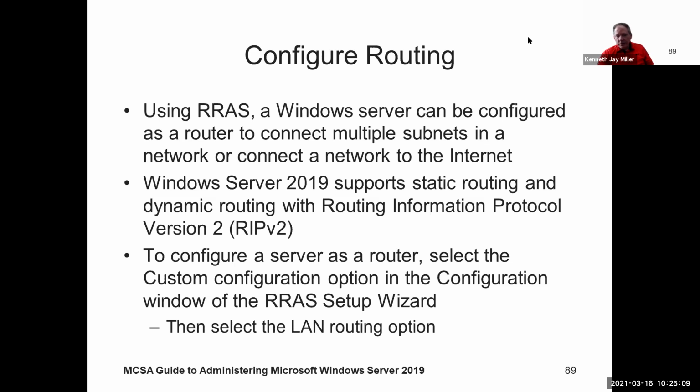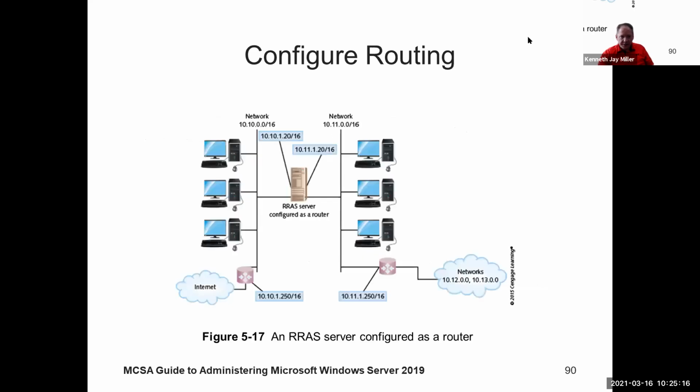Okay, so to configure a router, we're going to select the custom configuration. Here's a topology that comes out of this textbook, the Guide to Administrating Windows Server. Here's network 1, the 10.10.something.something network. And over here is a separate network, 10.11.0.0/16.